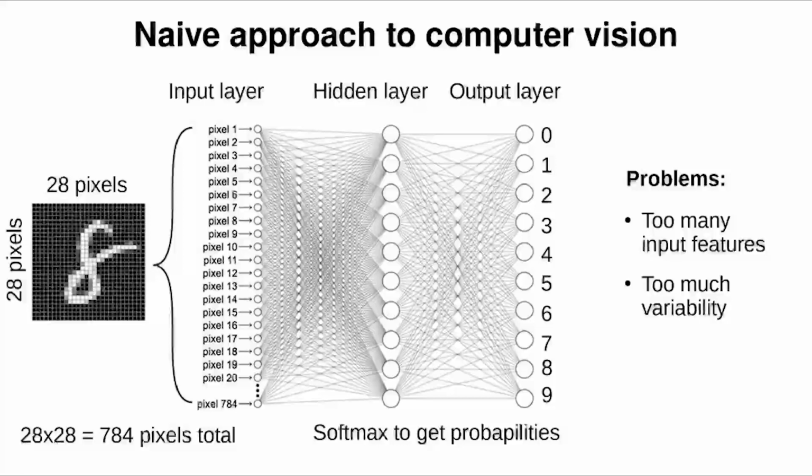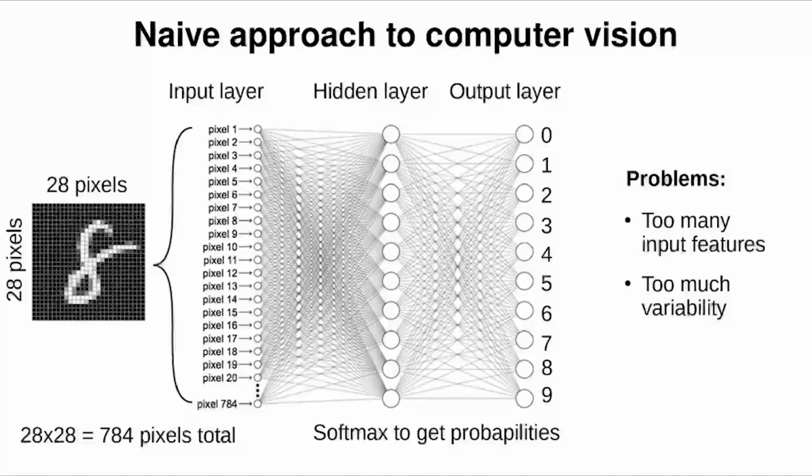In the example on the slide, if the network is trained well, the value for the neuron in the output layer that corresponds to 8 should be close to 1, and the values for all other neurons should be close to 0. The weights for such a neural network can be trained using a large labeled dataset, such as the MNIST dataset. For a simple classification problem, like identifying handwritten digits in very small grayscale images, such an approach can actually work.